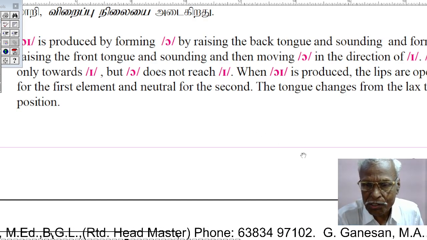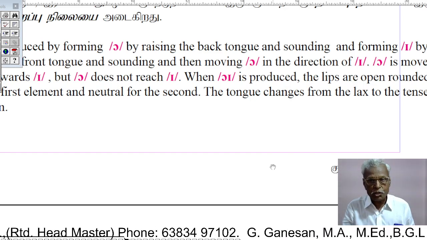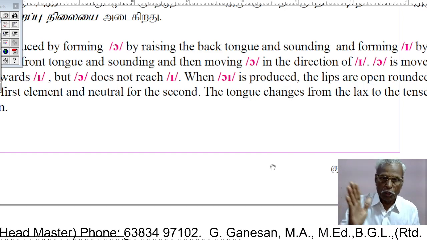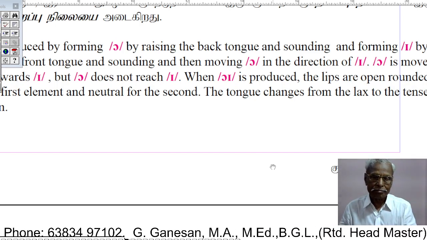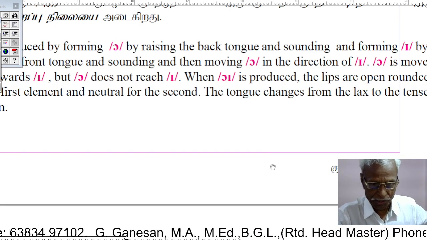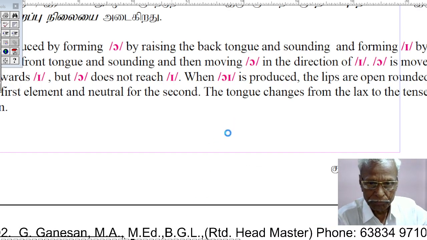The tongue changes from the lax to the tense position. For /ɔ/, the tongue is lax. For /ɪ/, the tongue is tense. Let us see the diagram.